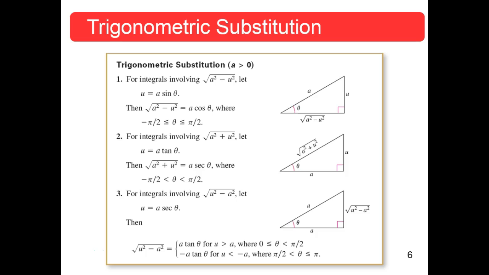And part of that comes from where you are. This part is good anytime u is greater than a. Of course that would be, because if u is greater than a, then this is a positive number here, right? And then your angle is going to be between 0 and pi halves.